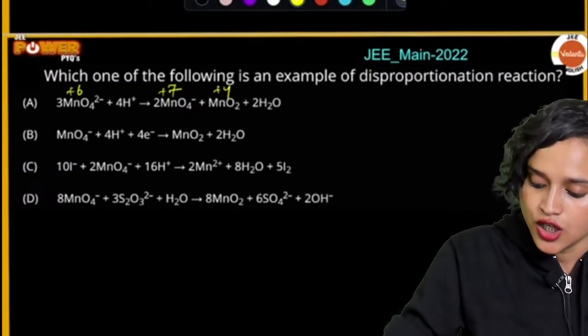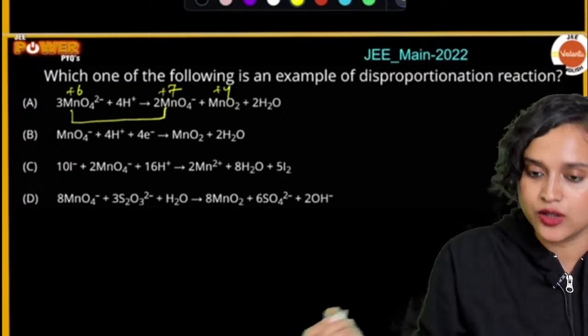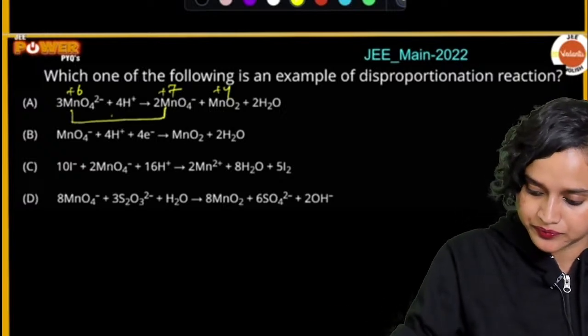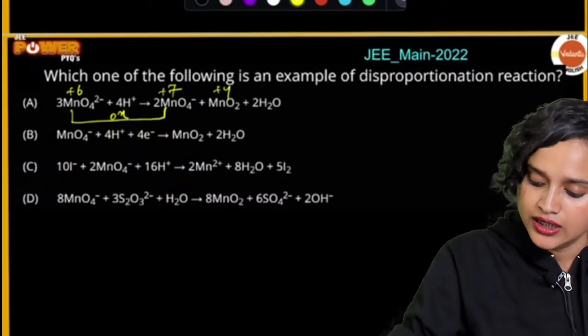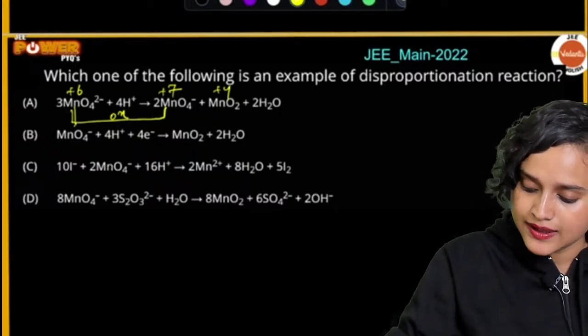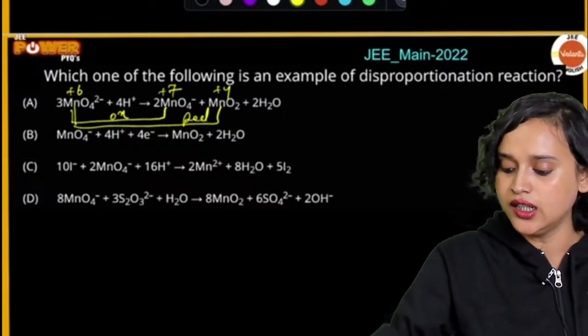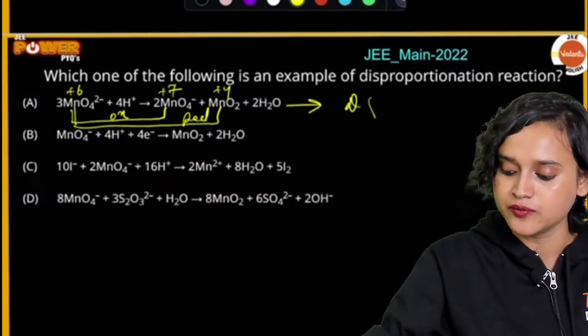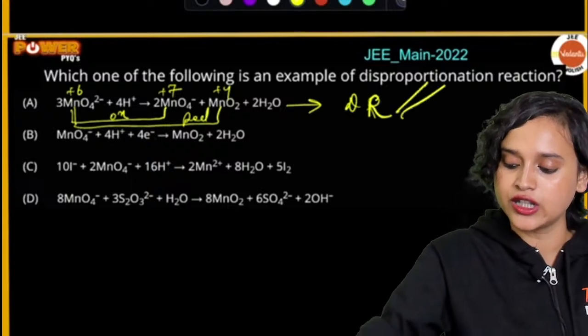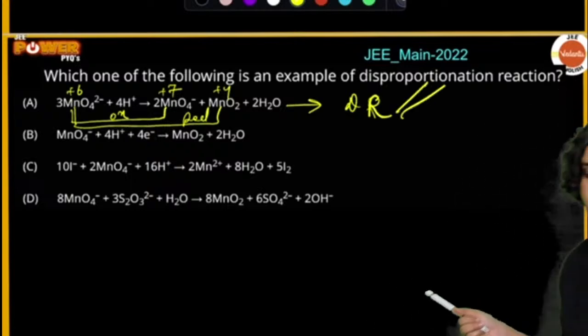So plus 6 to plus 7 is oxidation, and plus 6 to plus 4 is reduction. Clearly this is a disproportionation reaction. So option A is definitely the correct answer.